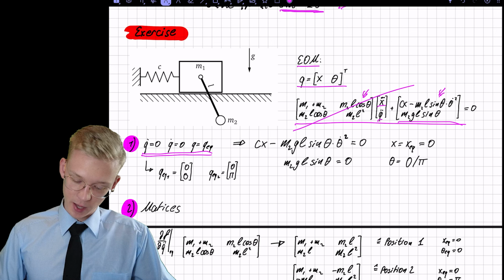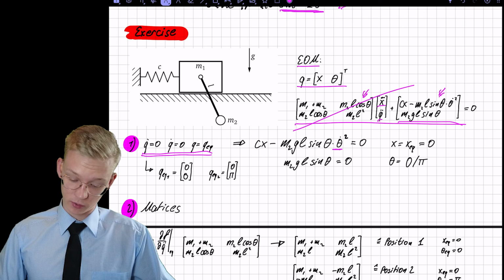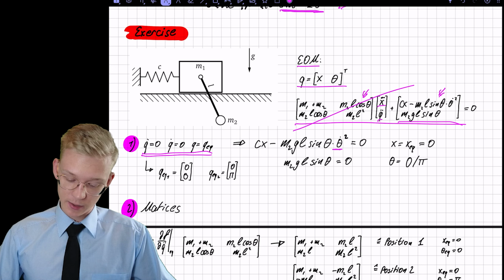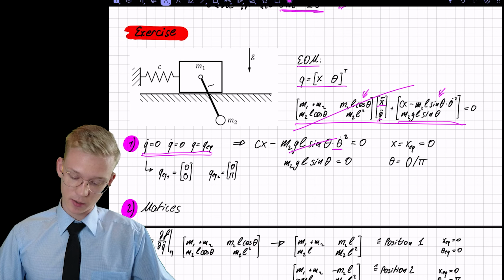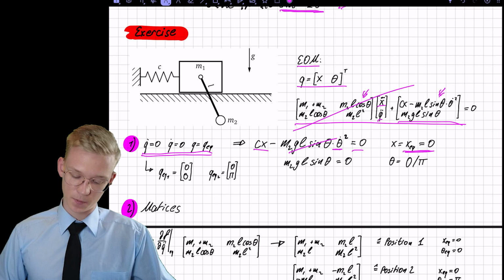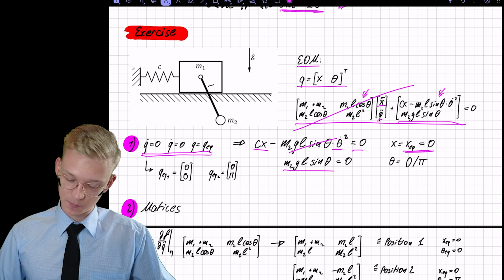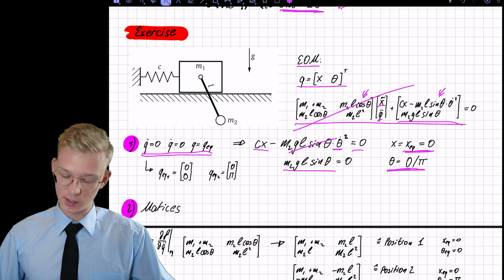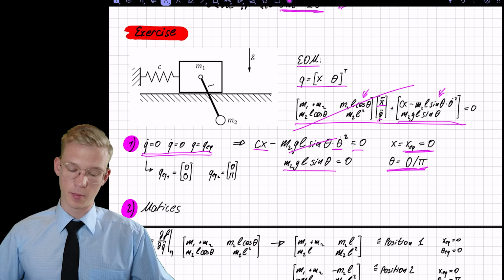Here we have the theta dot that will be zero, so this is gone, and we are left with Cx equal to zero. So x in our case is zero. Here we have no theta dot or double dot or x dot or x double dot. So this equation is giving us two positions, once zero and again pi.